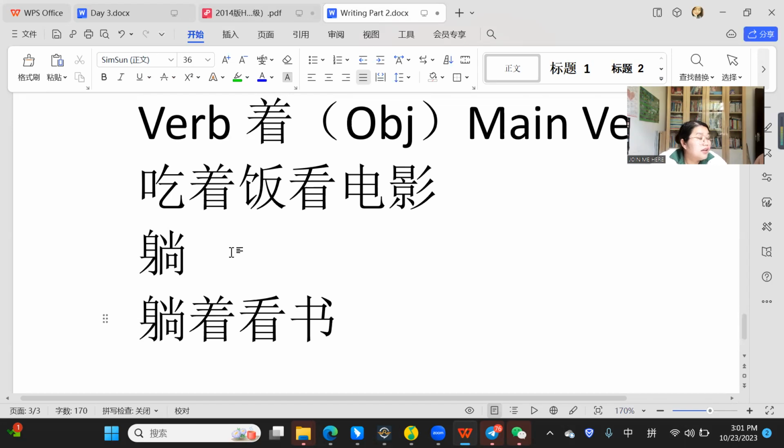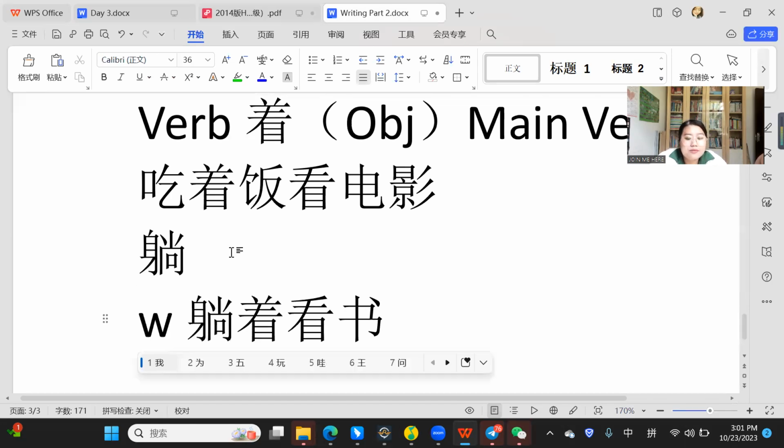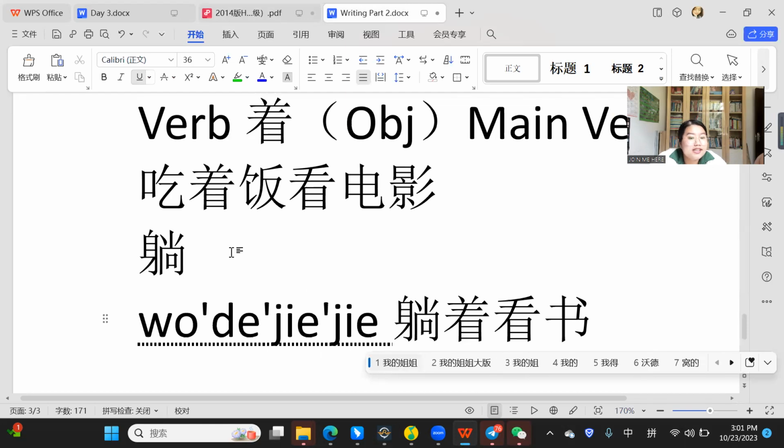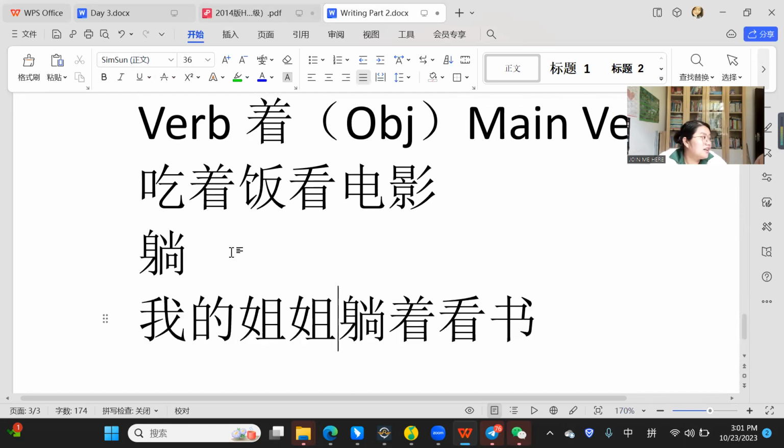The girl. If you say 女生, the subject won't be beautiful. If you want her to be beautiful, you have to put lipstick. For example, 我的姐姐躺着看书. So this sentence is okay. Okay, you got it. Yes.